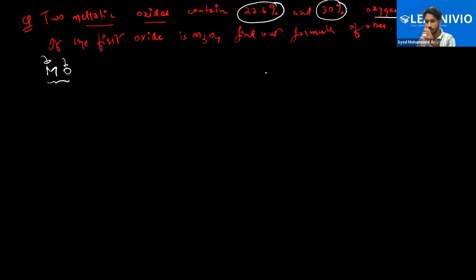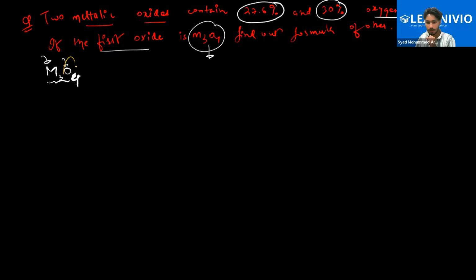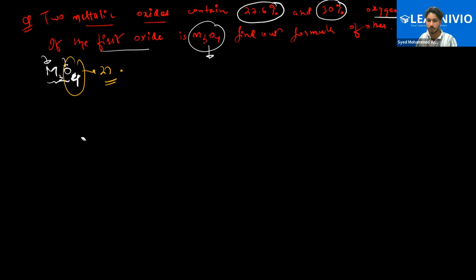I am given the first metallic oxide, M3O4, and in this M3O4 oxygen is 27.6 percent. You need to tell me the formula of the other oxide.